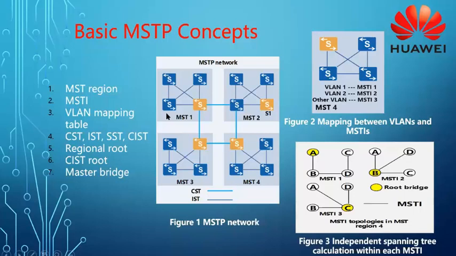What is an MSTI? A multiple spanning tree instance. A multiple spanning tree instance represents a subdomain on my network or on my MST region. In one MST region, I have multiple MST instances.